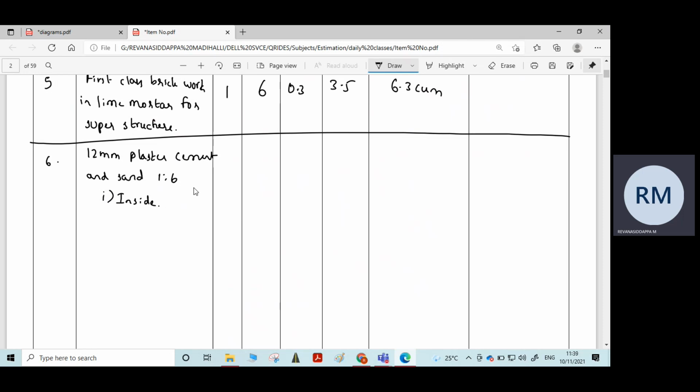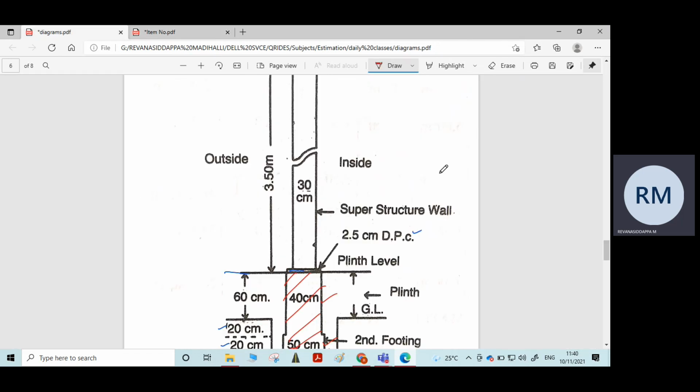The quantity is 1 only. The length of the plastering is how much? Equal to the length of the wall only, 6 meter. And width or thickness will not be there. The height of the plastering will be there. What is the height of the plastering inside?